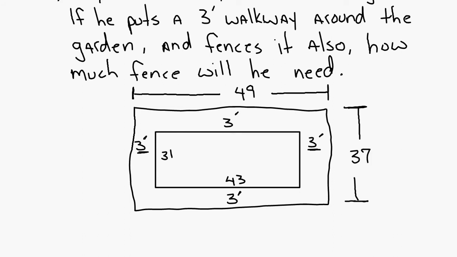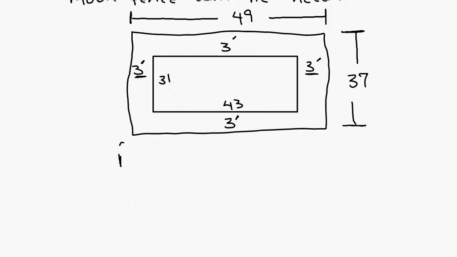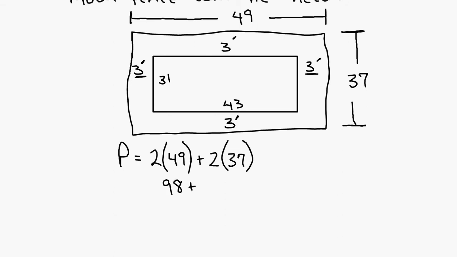So this is a perimeter problem. So his fencing, or his perimeter, is going to be equal to 2 times 49 plus 2 times 37. So 2 times 49 is 98, plus 2 times 37, 74.